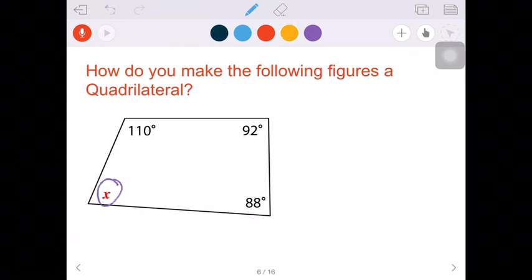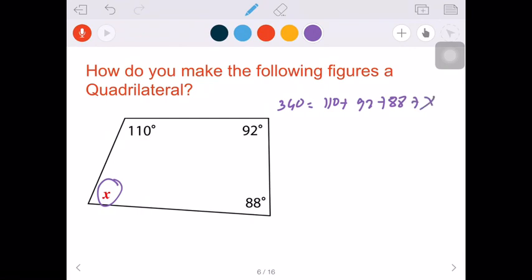Since we know that all the angles here, if this is to be a quadrilateral, should add up to 360, we can form an equation that says 360 equals 110 plus 92 plus 88 plus x. And we can solve for x. So 110 plus 92 is 202, plus 88 plus x.